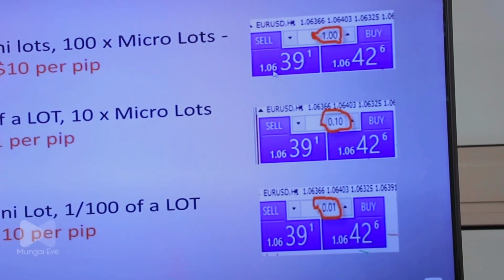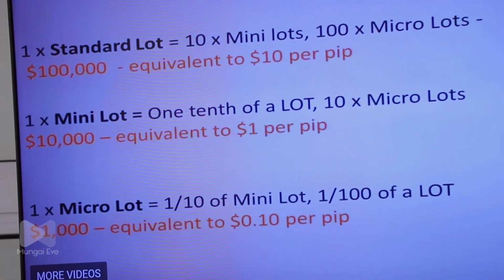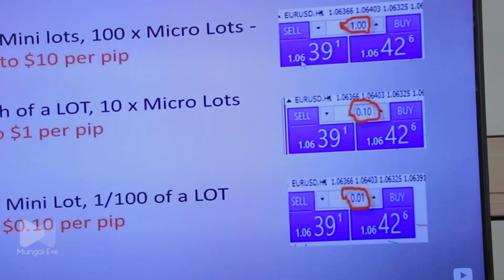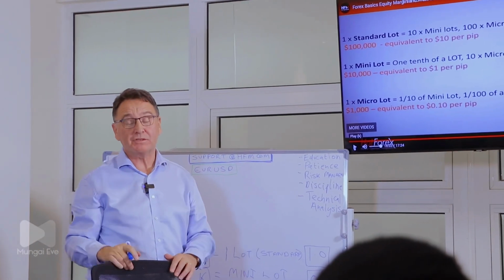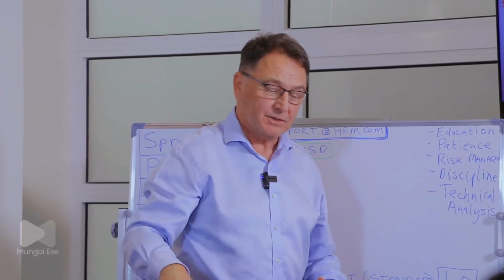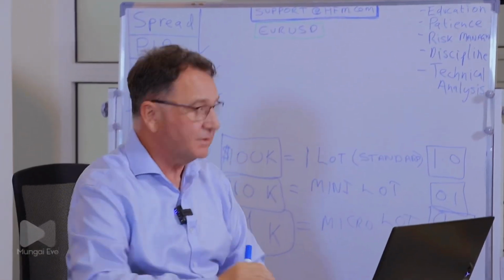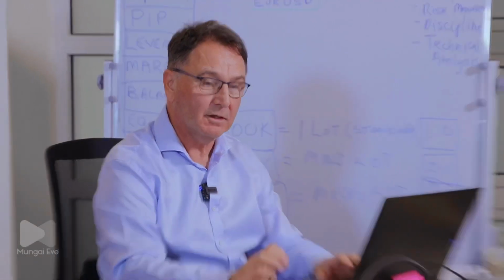Obviously, if you're only trading a micro lot, it's 10 cents it moves. So again, it's 100 times less profit, it's 100 times less loss. But it's horses for courses. You decide what volume size you should choose. But remember, with small accounts, there's a reason that micro lots are there.